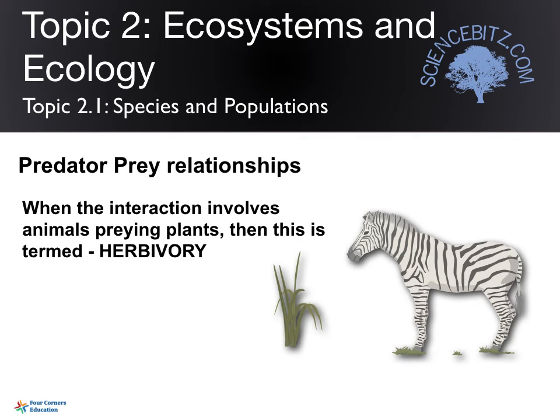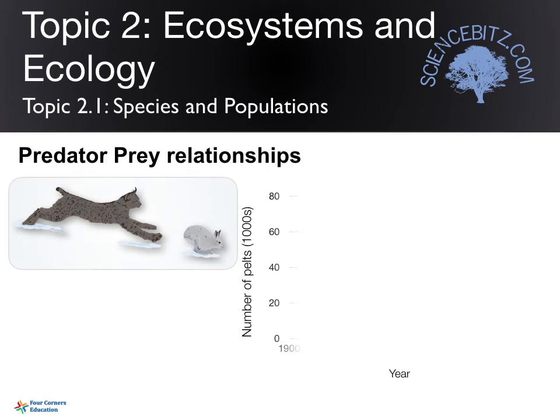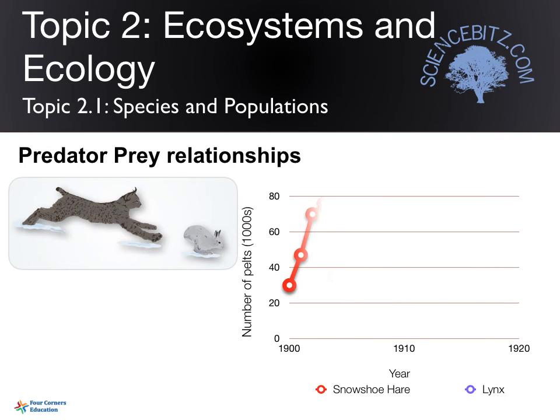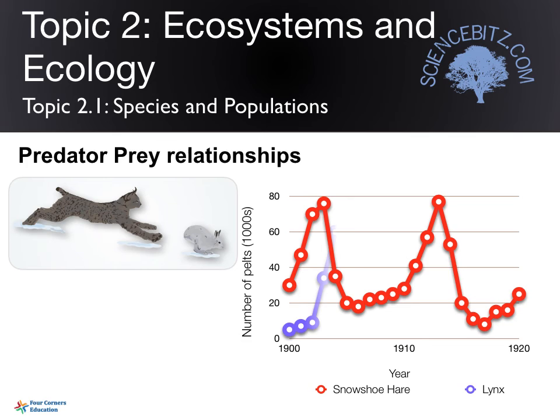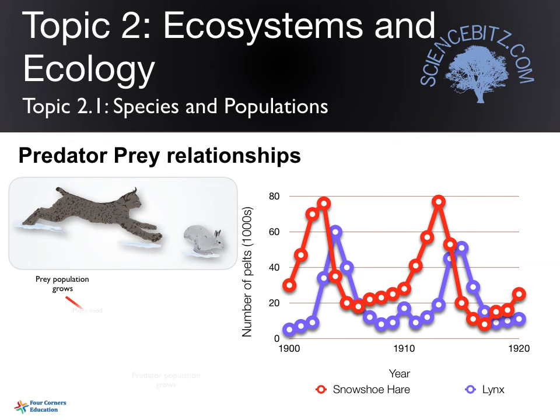So let's have a look at a classic example of a relationship between predators and prey: the snowshoe hare and the lynx population in the northern USA and Canada. This was a classic study that was done a long time ago, and was one of the first studies that thought of these links that exist.